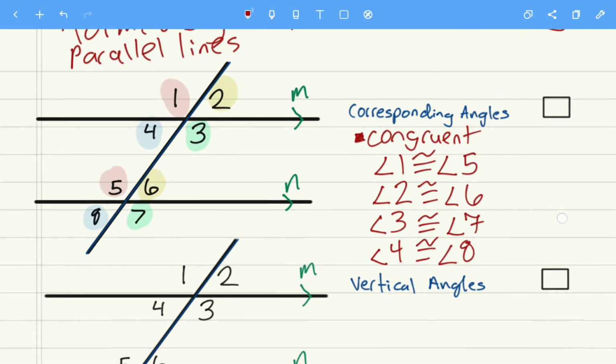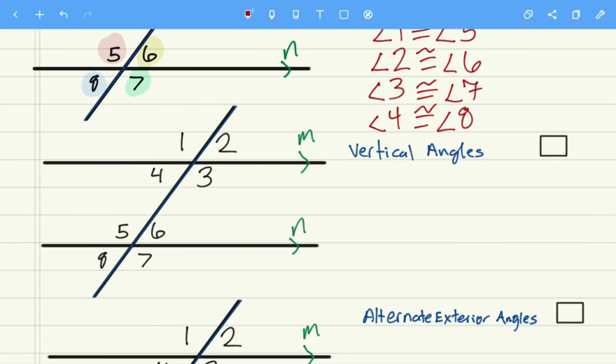Now we are going to look at vertical angles. Vertical angles are formed when we have 2 lines crossing. They are across from each other. These are also congruent. One set of vertical angles would be angles 1 and 3.